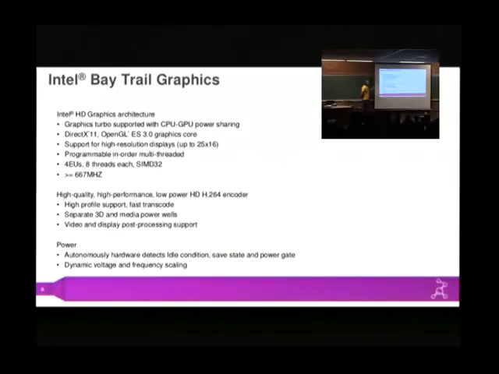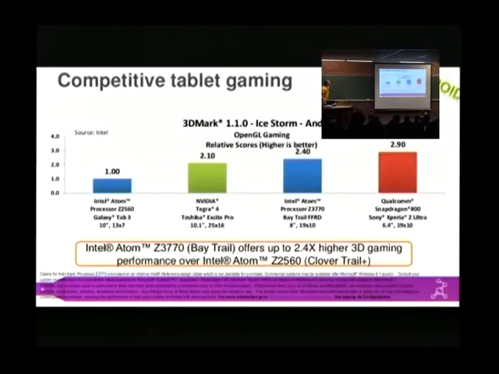And all I can say about the future is just keep your eye on this space. It's going to get pretty interesting this year and next year. And then I talked about the power and the video decode stuff. It's all available too. Here you can see the gaming side. So this is basically comparing the graphics performance.